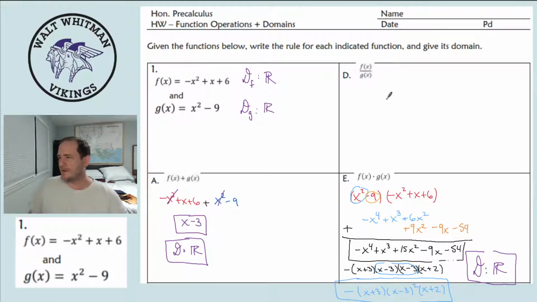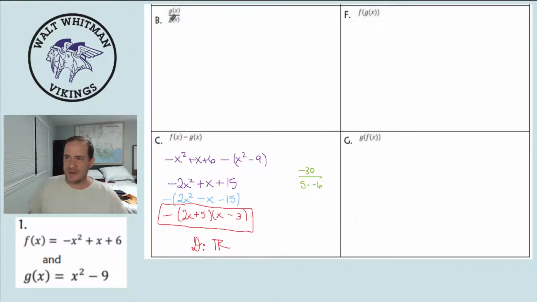But at least now we can slip back and do part B, which is a quotient function. Part B has the simpler quadratic in the numerator and the more complicated one in the denominator. All right, there's your quotient function. I kind of already told you a second ago that we want this factored.